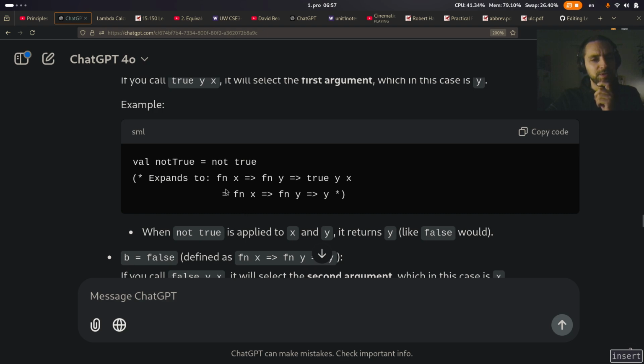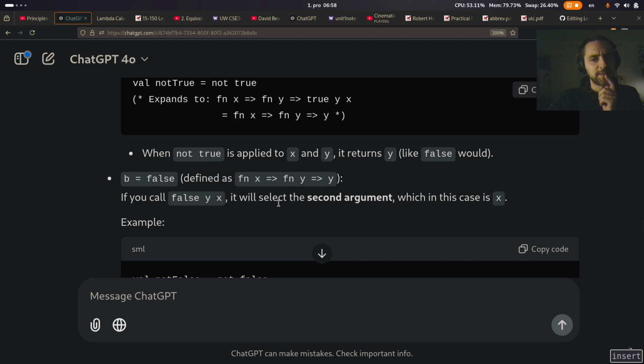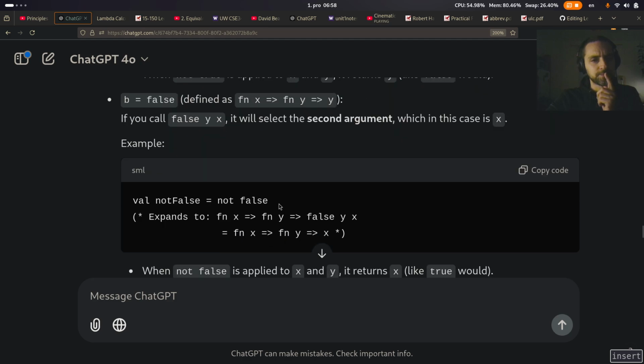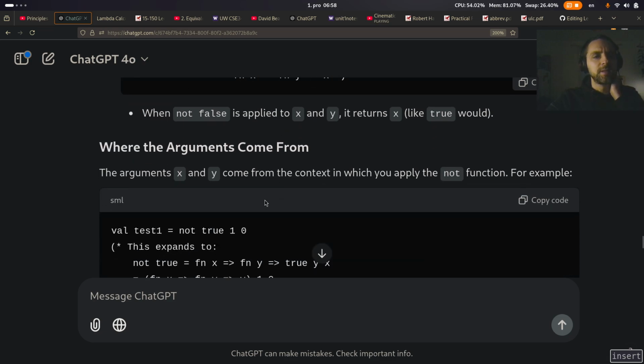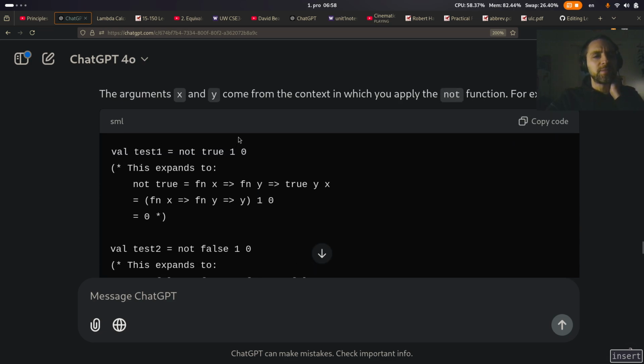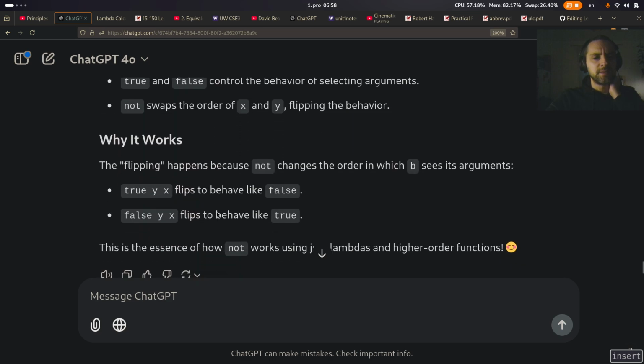Not true equals function x, function y, true y x. The arguments x and y come from the context in which you apply the not function. For example, val test1 equals not true 1 0. Yeah, this is kind of complicated.